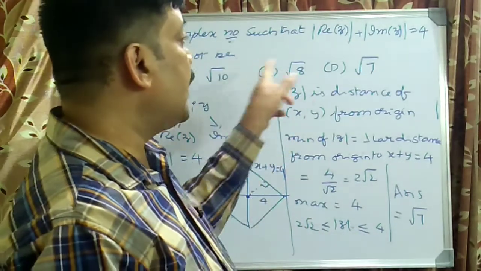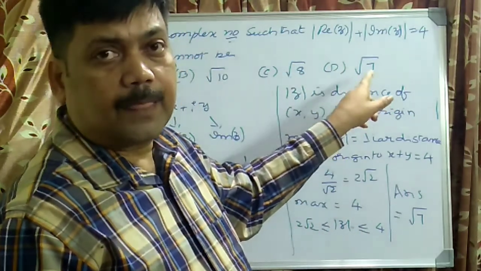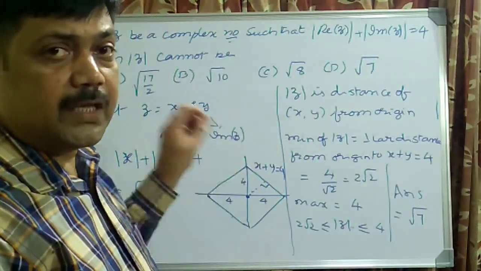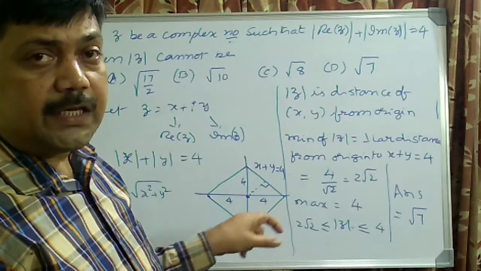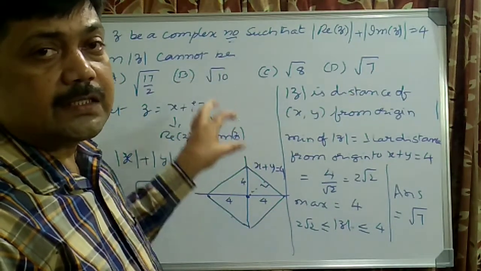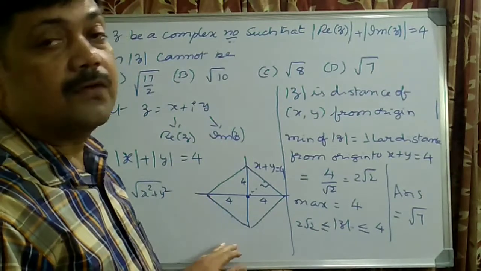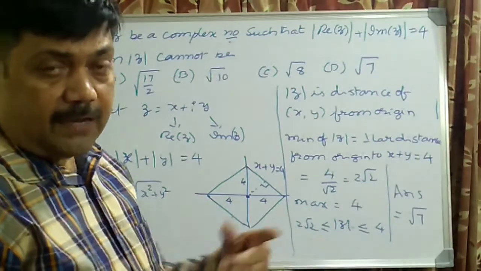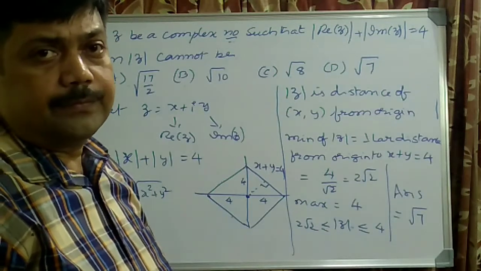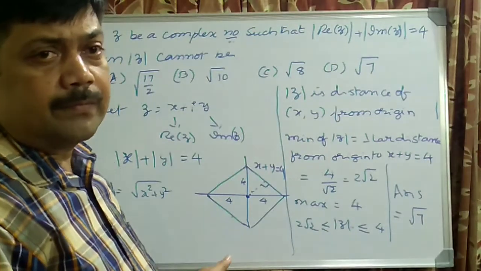So this is dependent on options again. Is it clear? This question deals with much content from geometry also. The previous question also I have taught you in geometry, right? You understand this problem?